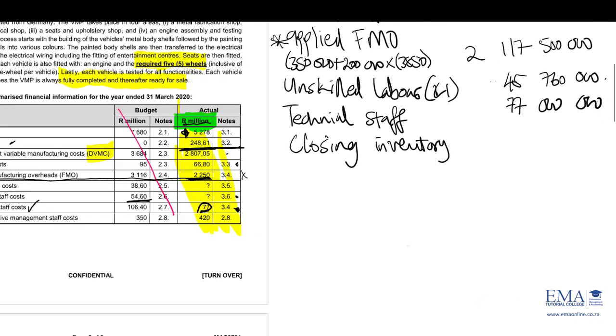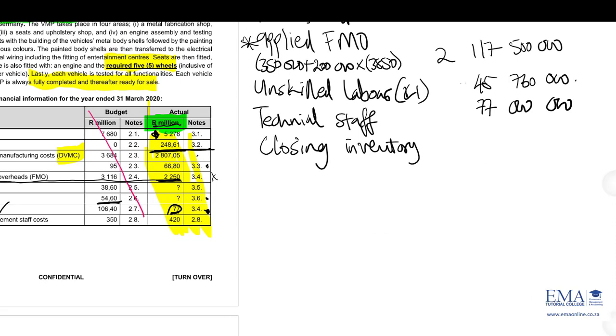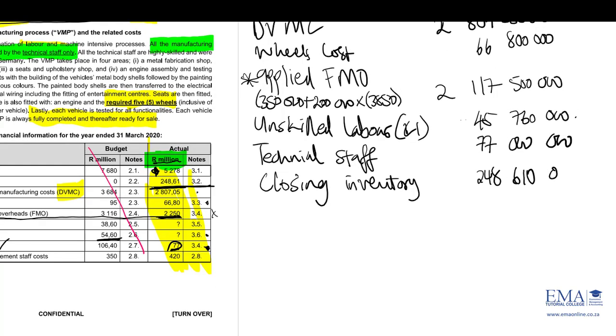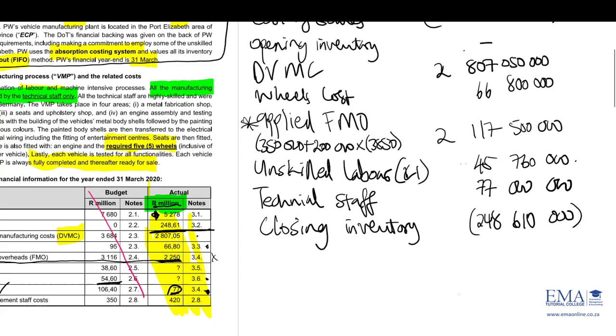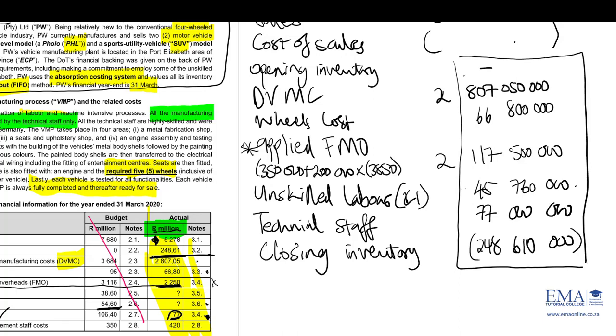So they said here 248. Okay, so that's the closing inventory, and it must be subtracted, so that this becomes the calculation of cost of sales.